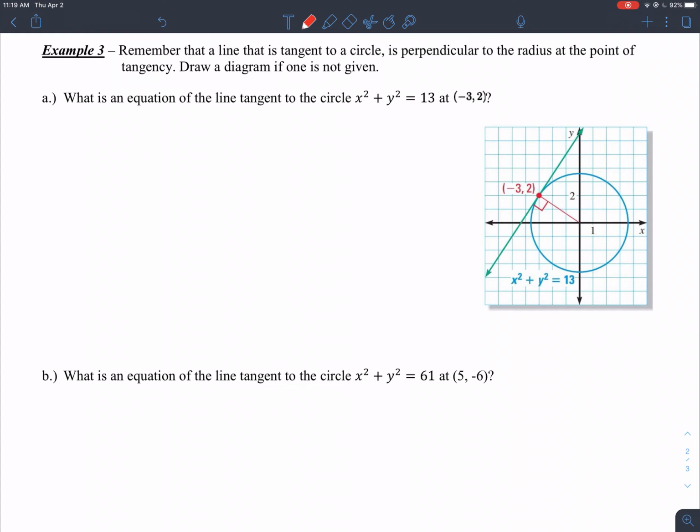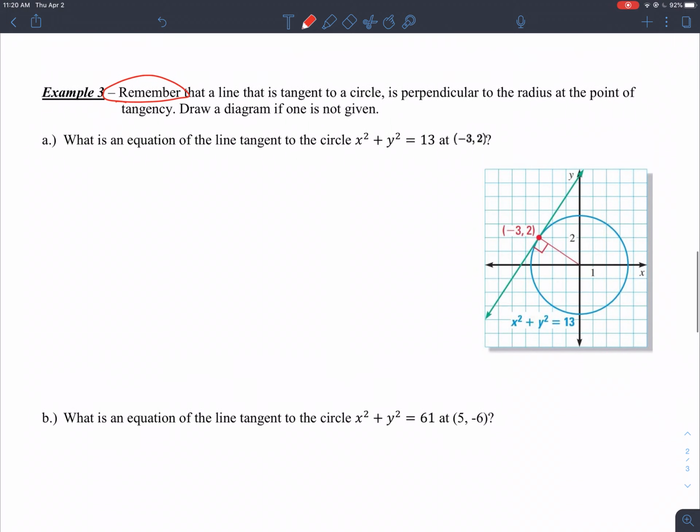Remember from geometry, almost a year ago, that a line that is tangent to a circle is perpendicular to the radius at the point of tangency.